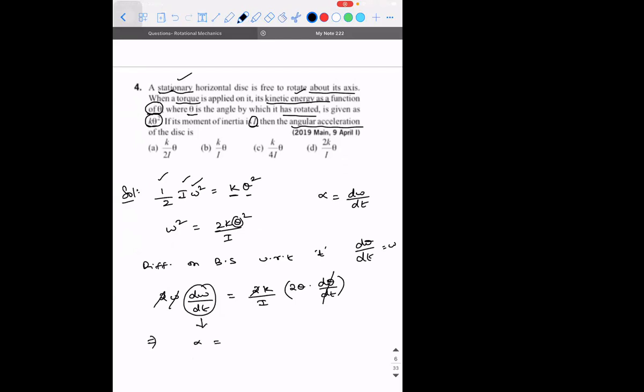D omega by dt will give me alpha is equal to 2 times k divided by I multiplied with theta, that is, 2k by I times theta. Right? I hope it is clear.